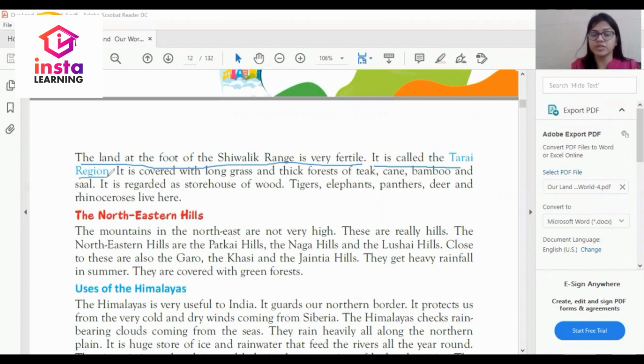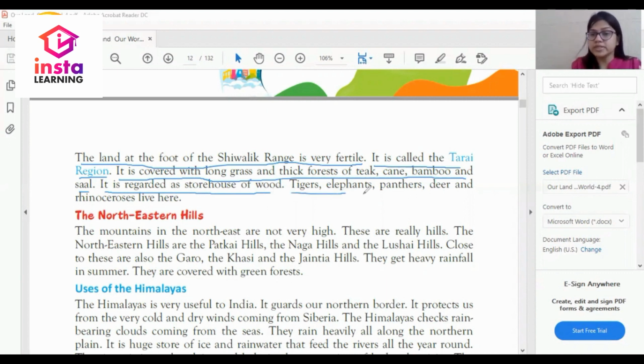Which is Tarai region? The land at the foot of Shivalik range, which is very fertile, is called Tarai region. It is covered with long grass and thick forest of teak, cane, bamboo and sal. Dear student, it is regarded as storehouse of wood.